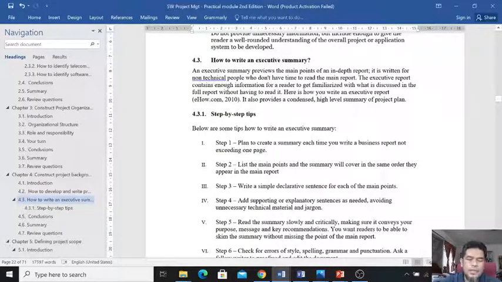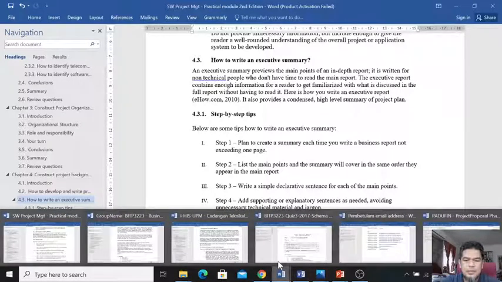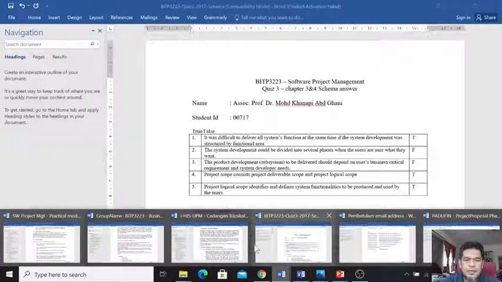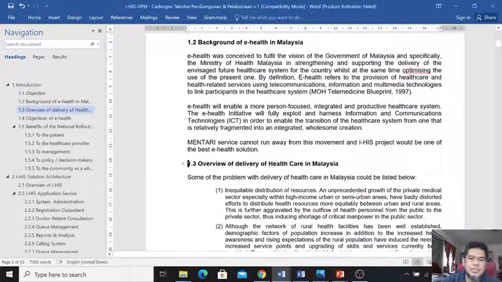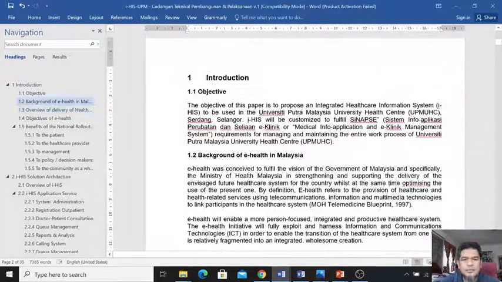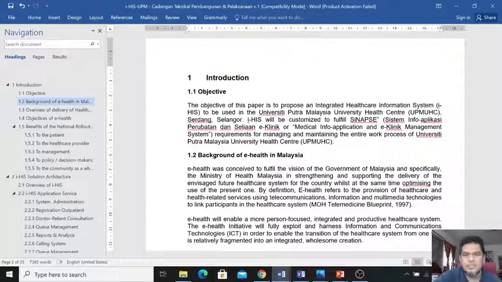So I gave you an example just now of how to write the executive summary. Okay, so this is another example of a background of the project. This is another business proposal that I wrote for another organization.